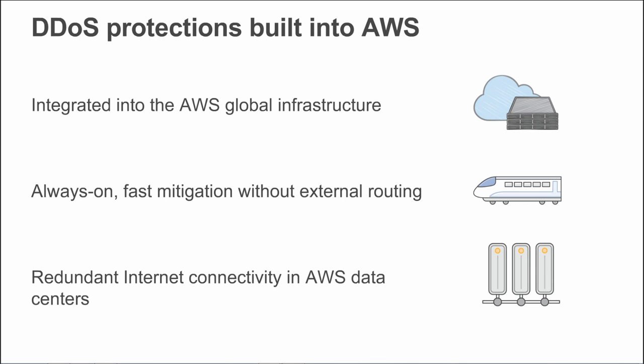This ensures that our customers are able to get the best latency even during a DDoS attack. And lastly, just by the nature of being a cloud provider, AWS data centers often have redundant internet connectivity across all our data centers and AWS edge locations worldwide. This internet connectivity allows us to scale during a DDoS attack, and we have the bandwidth and scrubbing capacity to provide that scale.